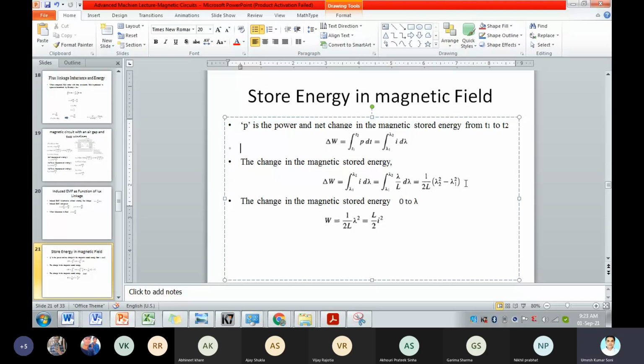You can see here that lambda 1 is 0 and lambda 2 equal to lambda. So you get 1/2 L i square. This is the total energy stored in the magnetic field.